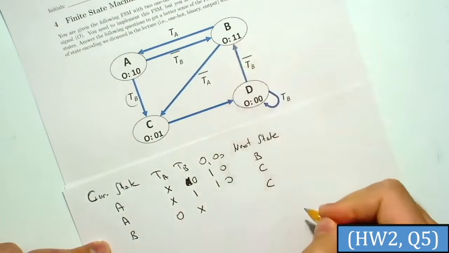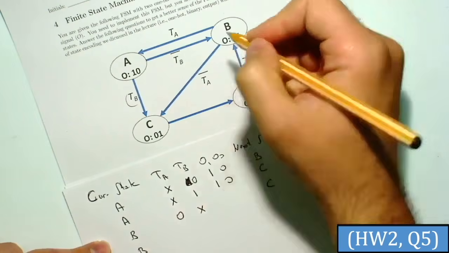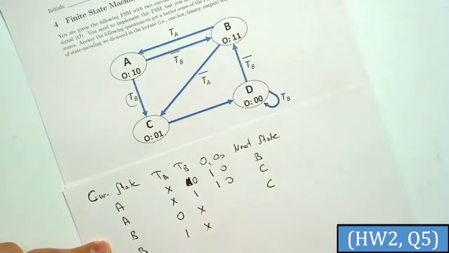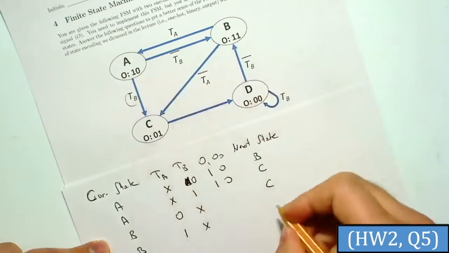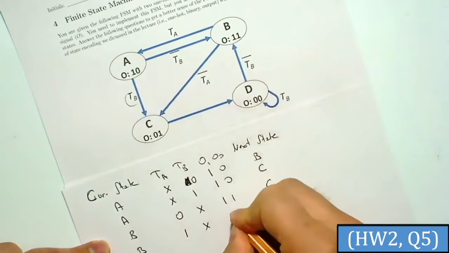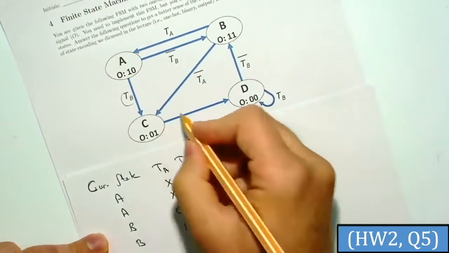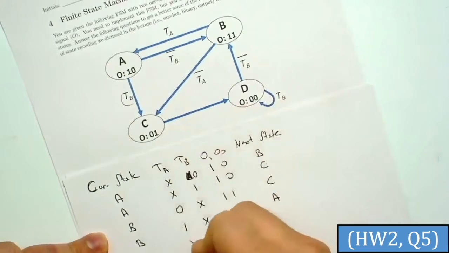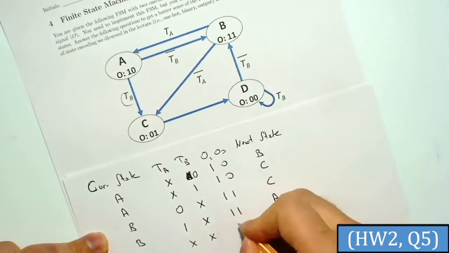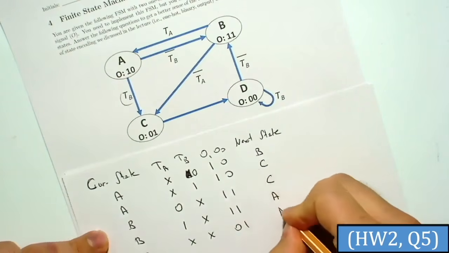Again for B, if I have TA 1, don't care for TB, then I'll visit A, and the output will be 1, 1. For C, no matter what, I'll visit D, so TA and TB are don't cares, the output will be 0, 1, and the next state will be D.